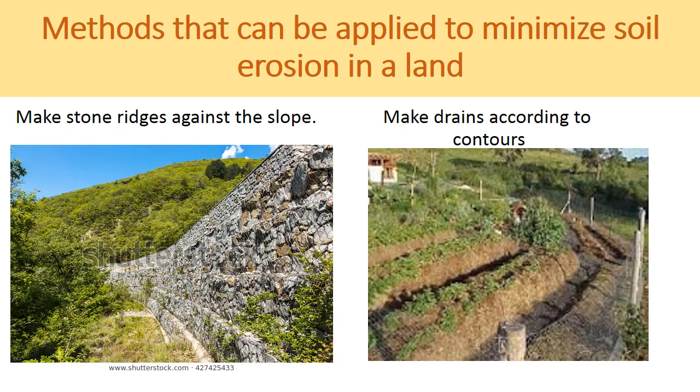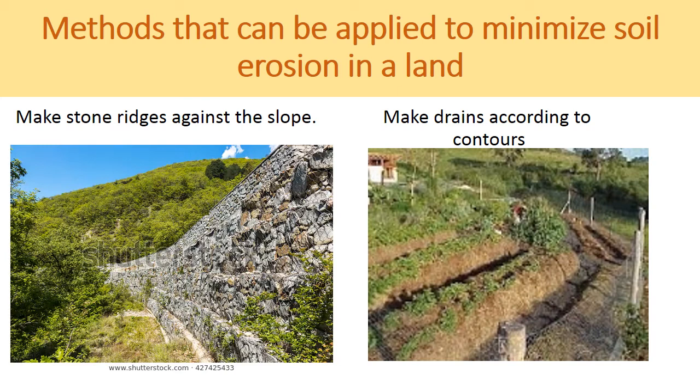Therefore, there are some methods that can be applied in order to minimize the soil erosion that happens in land with slopes. The first one you can see in the picture, children, is making stone ridges against the slope. By making stone ridges against the slope, what will happen?